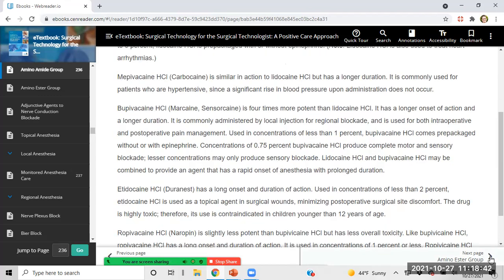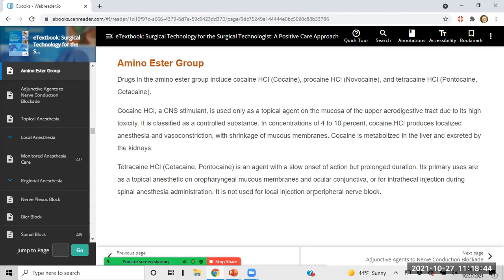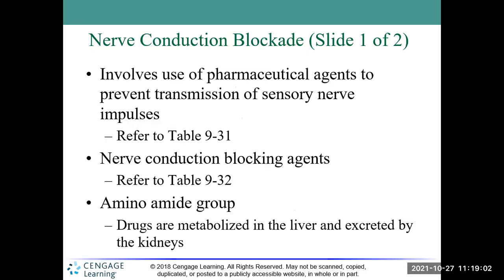And then the amino ester group. This is another group of medications that includes the cocaine and procaine and tetracaine. And so this is providing that blockage in that pain signaling. And you can tell, of course, this is a highly classified controlled substance, and it has a high toxicity level.